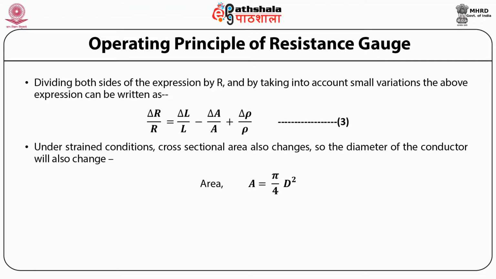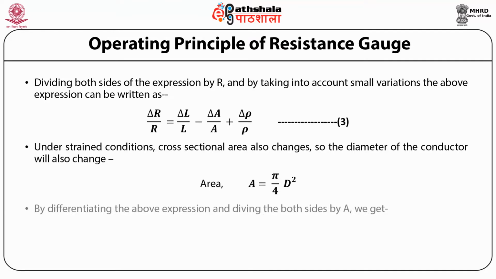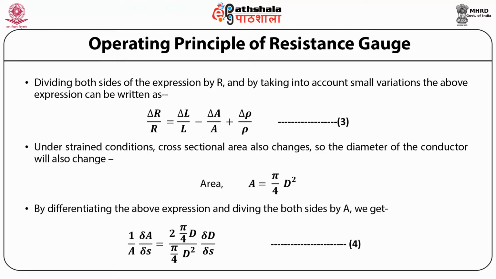The area is equal to pi by 4 into d square. By differentiating the above expression and dividing both sides by A, we get 1 by A into delta A divided by delta S. This is equal to 2 pi by 4 D divided by pi by 4 D square multiplied with delta D divided by delta S. This is equation 4.